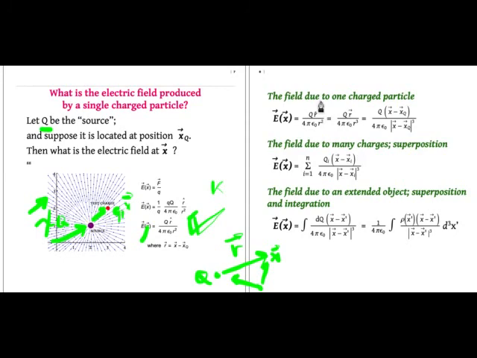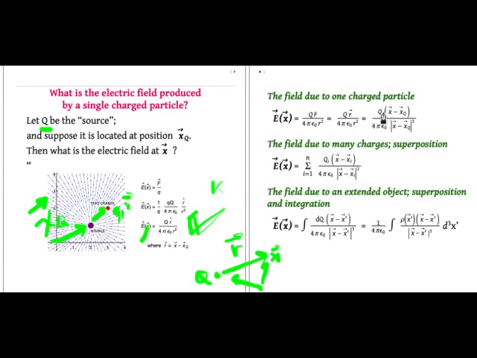All right, so the field due to one charged particle is Q R hat over 4 pi epsilon 0 R squared. Now, when you calculate it, it's usually easier if you rewrite that as Q R vector divided by 4 pi epsilon 0 R cubed. Because R hat just means R divided by the magnitude of R. R hat is the unit vector parallel to R. And R is x minus xq.